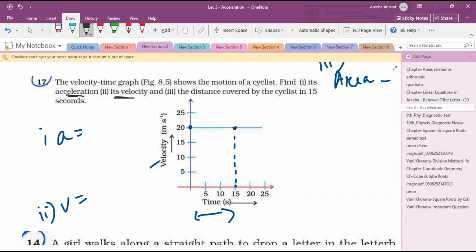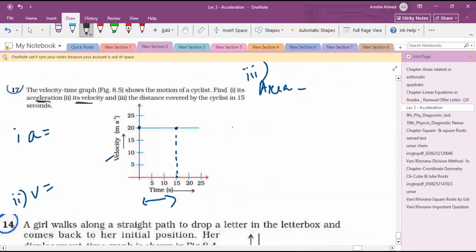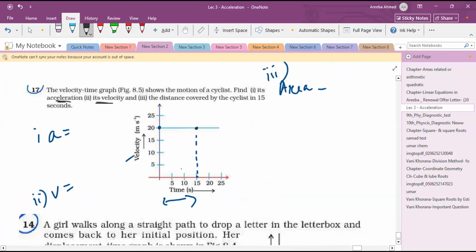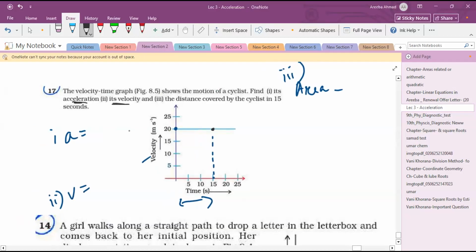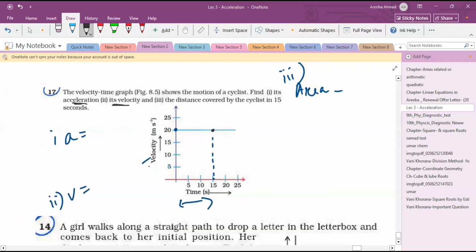You guys want to try it, or shall I start with the solution? Ma'am, we will try. Okay, okay. 17th one, right? Yes. All the three parts. First two parts are very direct.